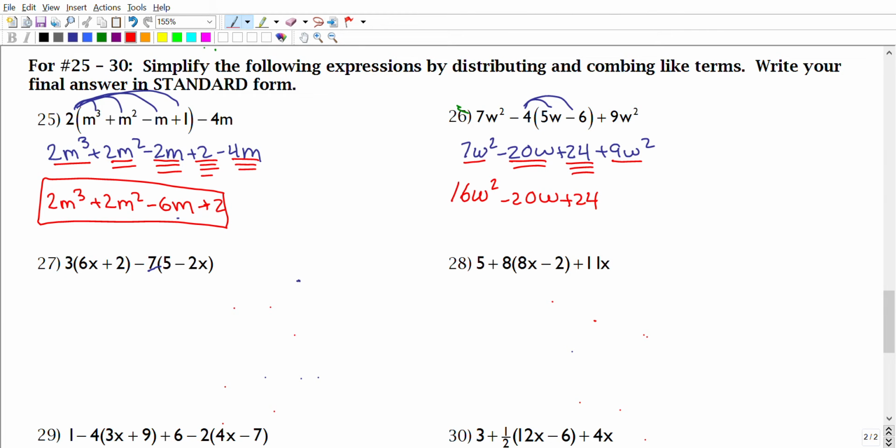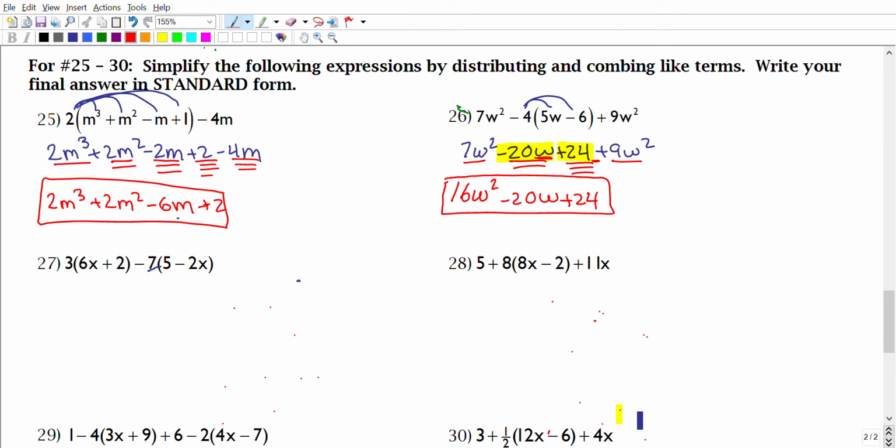Now, this is your final answer, but don't be tempted, guys. I know some of you might have been doing this already by accident, but you'll be tempted to combine this and this. However, you cannot. The reason you can't is because this has a w here, and this does not.